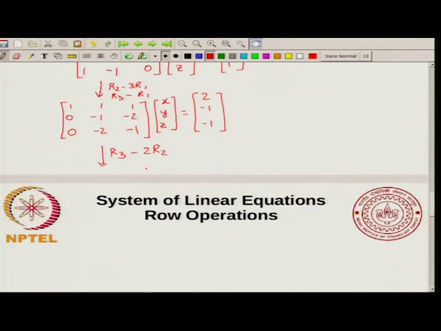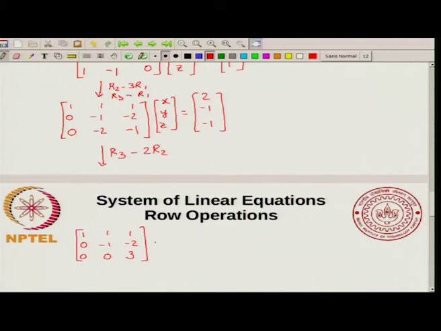R1 is unchanged, R2 is unchanged, so 0 minus 1 minus 2. Now R3 minus 2 R2: 0 minus 2 times 0 is still 0. That is important, that I converted this to 0 first, so this is not affected. Now, minus 2 minus 2 times minus 1, so minus 2 plus 2 is 0, and minus 1 plus 4 is 3.